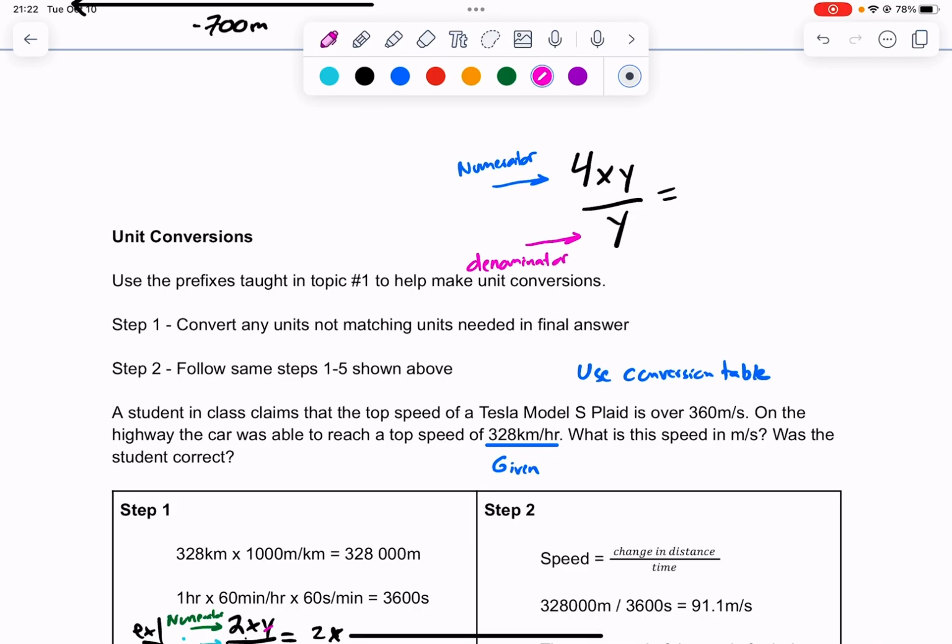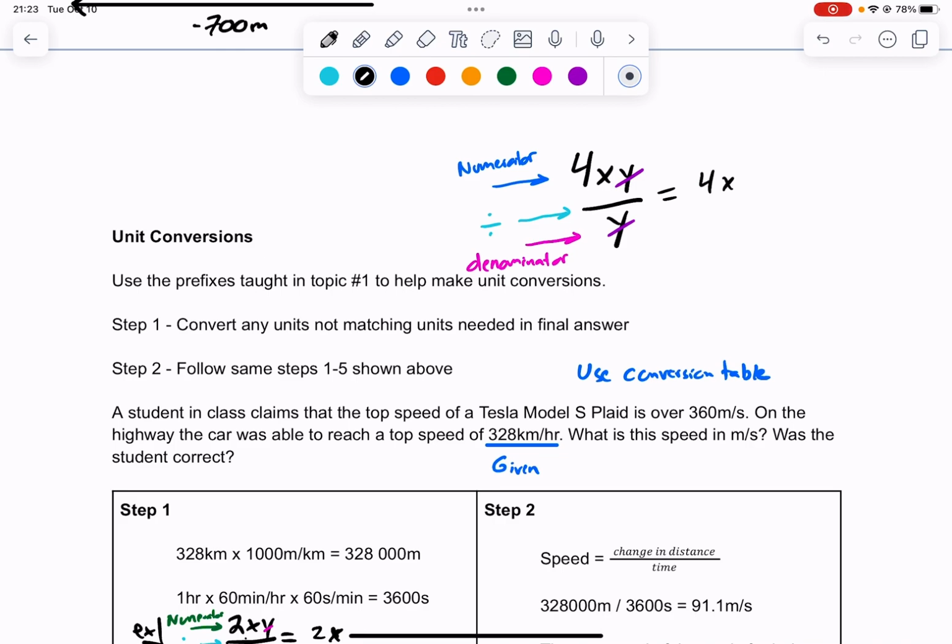The other thing that we know here is in the middle, we have this horizontal line. And as you may remember from your math class, that horizontal line just means you divide by. So if your math teacher gave you this problem and asked you to simplify it, you would realize that the y's cancel out, and what you ultimately have at the end for your answer is 4x.